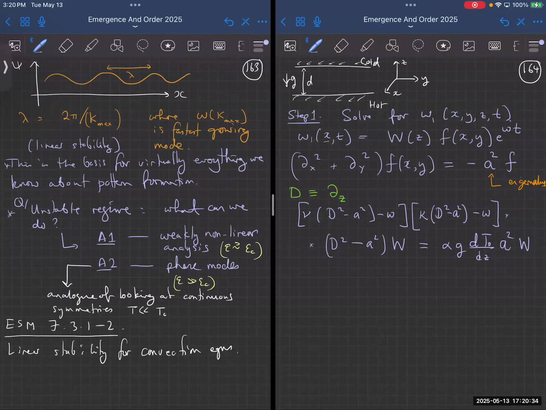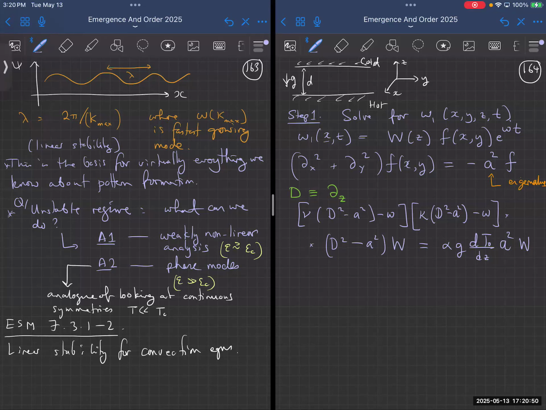Okay, so this is the equation that I get for W. It's a linear equation with 2, 4, 6 spatial derivatives in it, and we have some boundary conditions.